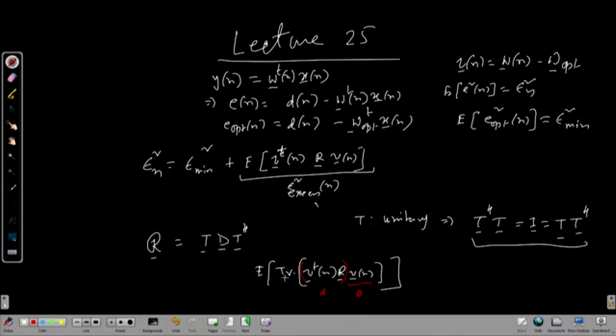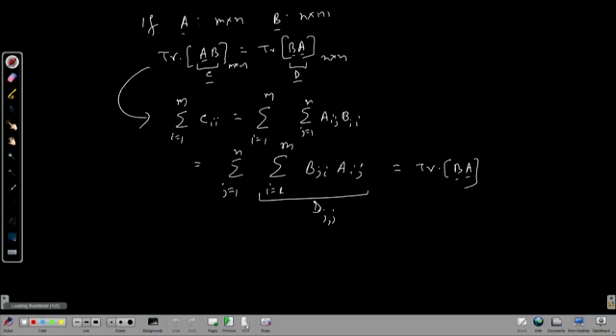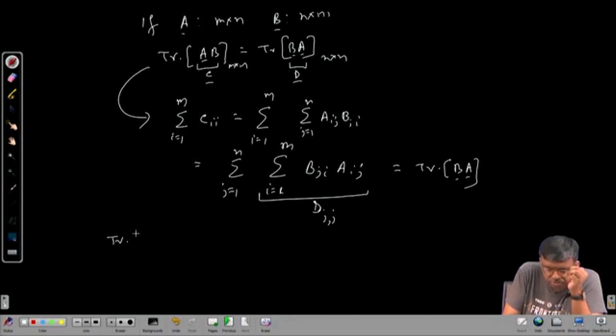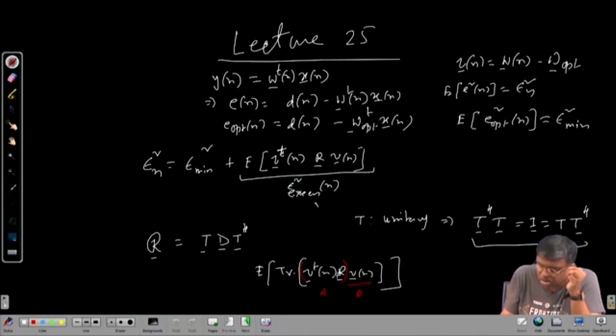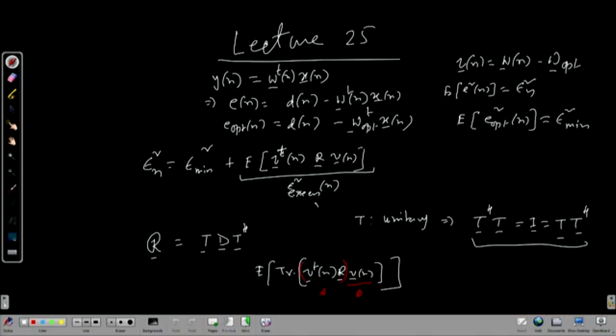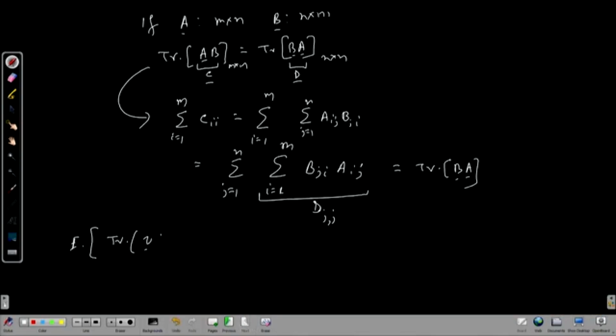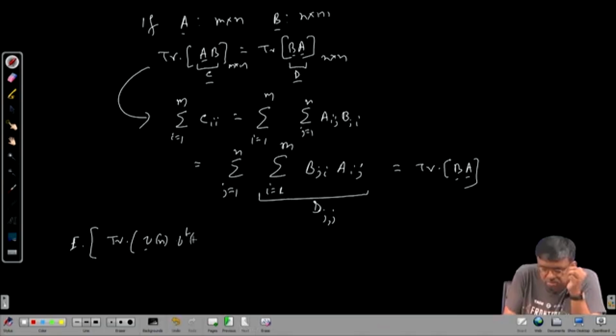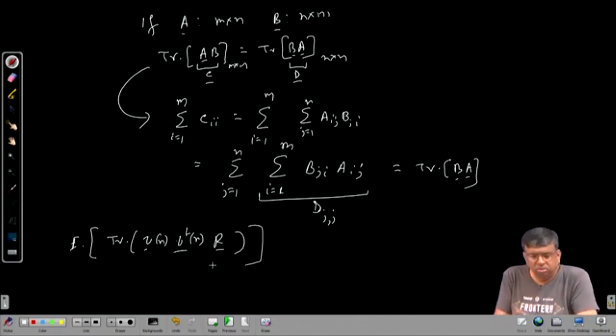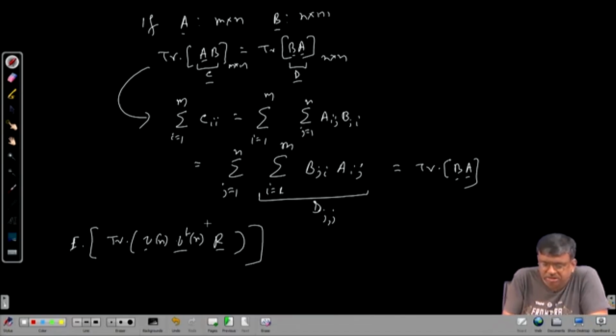So, trace of V_n, V transpose, n R. So, we will have E outside, trace of, let me remember, V transpose R V, and this V will come in the front, R. Now, you see V_n is a column vector, V transpose is a row vector.